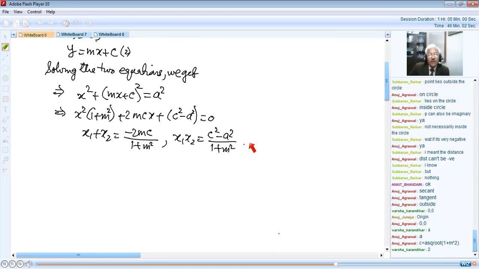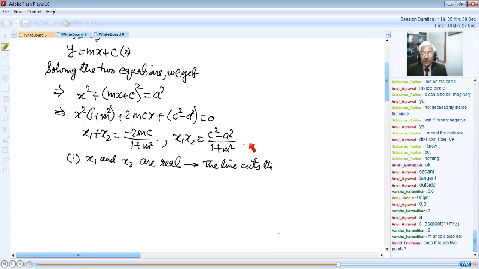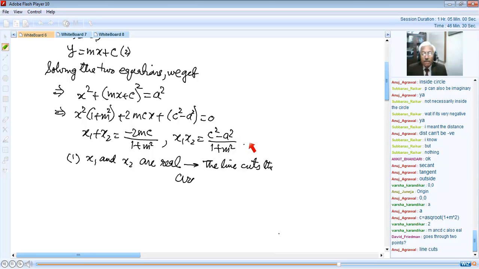Now 3 cases arise. If x1 and x2 are real, what does that mean? The line cuts the circle in 2 real points.